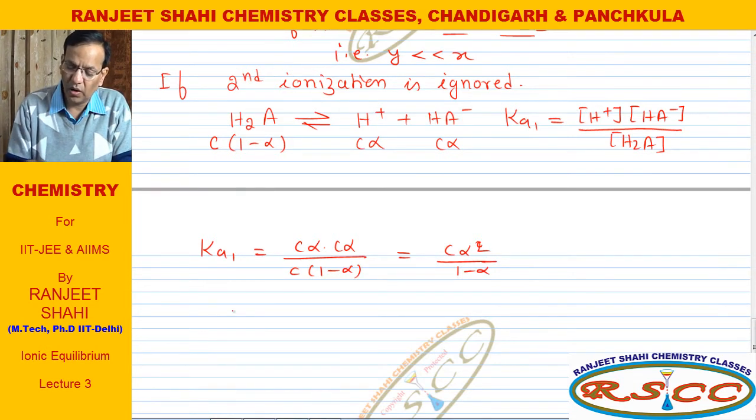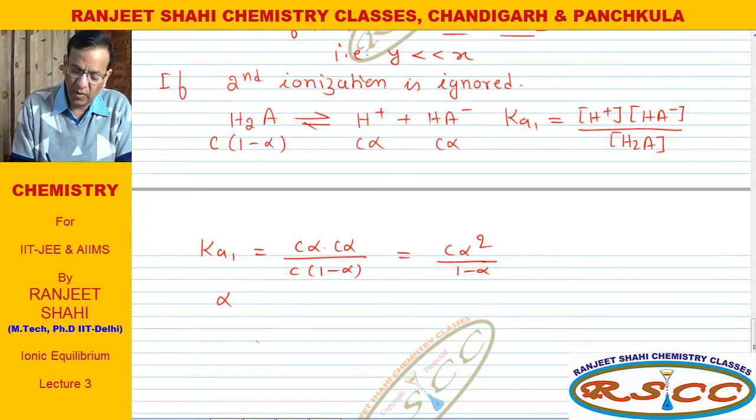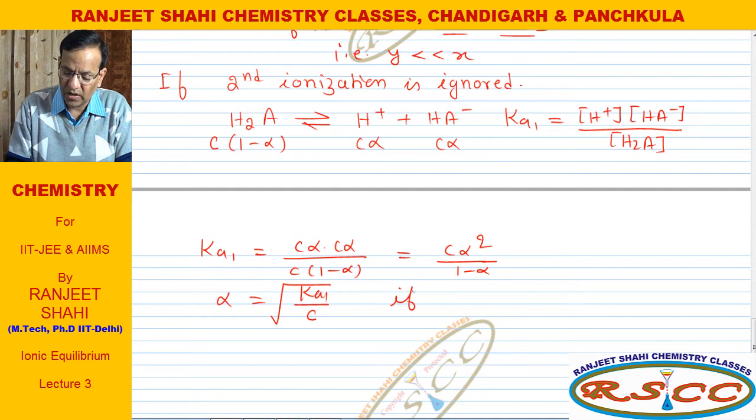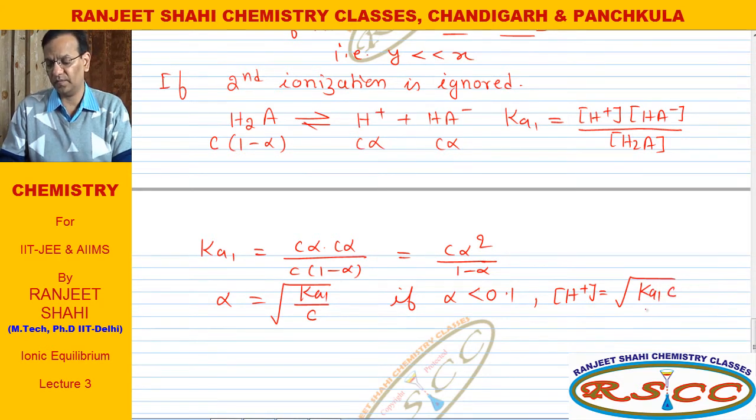So what we need to do, the same thing we did for monobasic acid, that is, we'll first determine the approximate value of alpha, which will be equal to root under Ka1 upon C. And once again, if alpha is less than 0.1, concentration of hydrogen ion will be equal to root under K1 into C. This all we are repeating from the weak monobasic acid case.